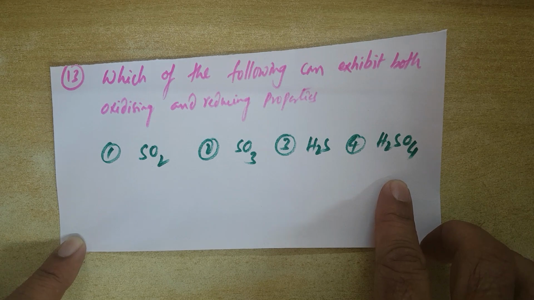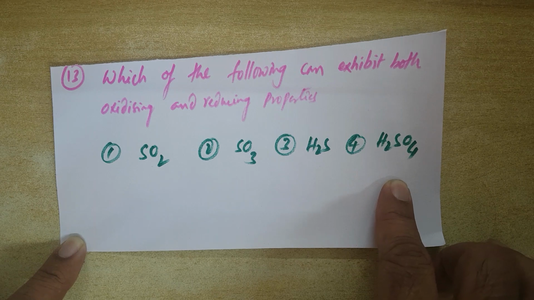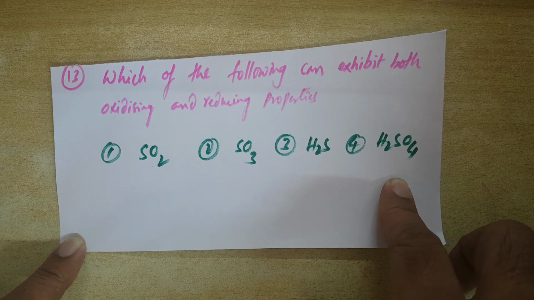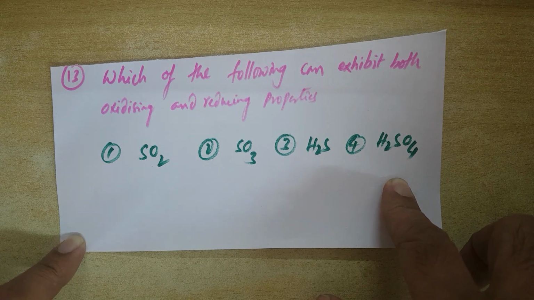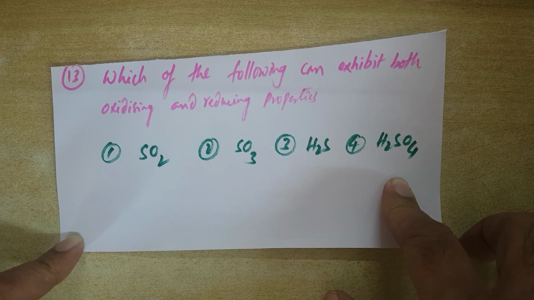For any element in any compound, if it exhibits its highest oxidation number, it only undergoes reduction and acts as an oxidizing agent. If the element exhibits its lowest oxidation number, it only undergoes oxidation and acts as a reducing agent. And in intermediate oxidation states, there is a chance for both oxidation and reduction, meaning it acts as an oxidizing as well as reducing agent.